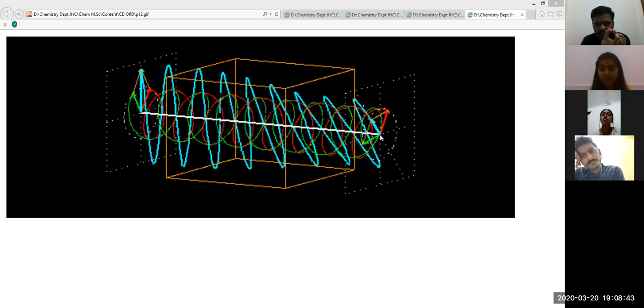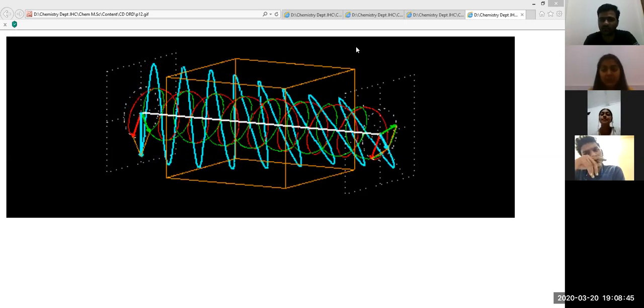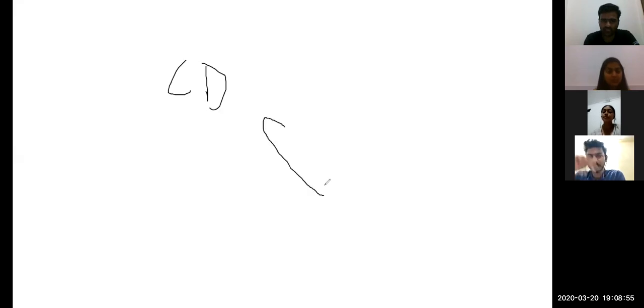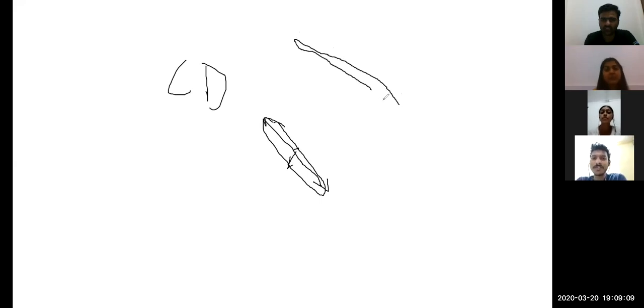The minor axis is very, very small and the major axis is quite large. So if the ellipse was like this, this is the minor axis and this one is my major axis. Now, what if my major axis was quite huge, and the minor axis was very, very small?